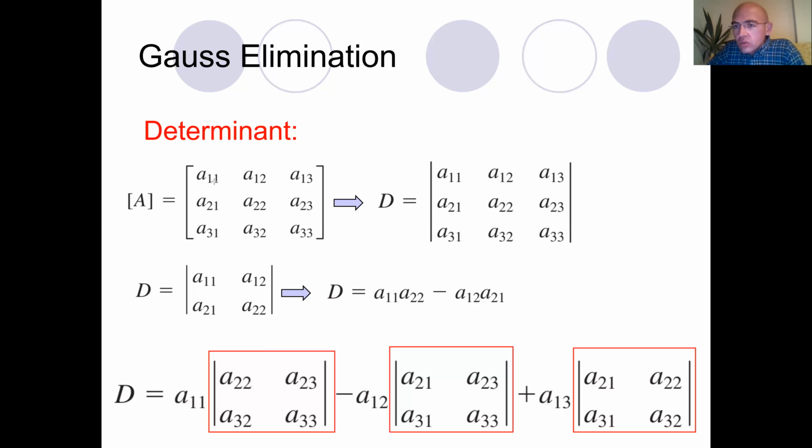And it goes like this. So you constantly create submatrices and try to find their determinants and multiply it with the corresponding element. So this is how it goes. This is how we calculate the determinant of it by using algebra.